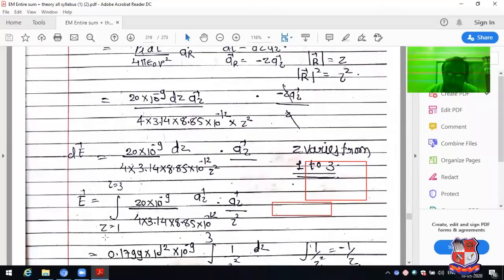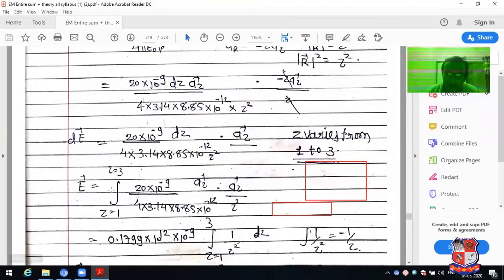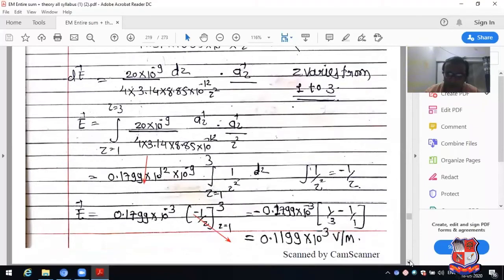Now take the integration from z equal to 1 to 3. All the other terms can be considered outside the integral, because all are constant terms. So 1 upon z square. What is the answer of the integral of 1 upon z square? It is equal to minus 1 upon z, with z from 1 to 3.